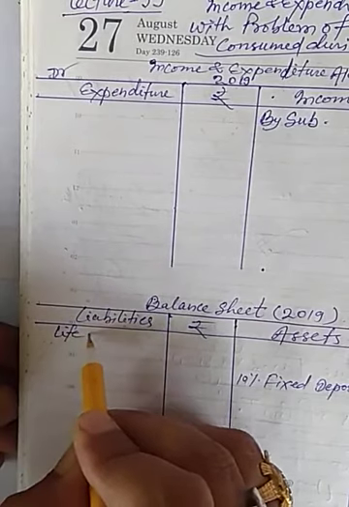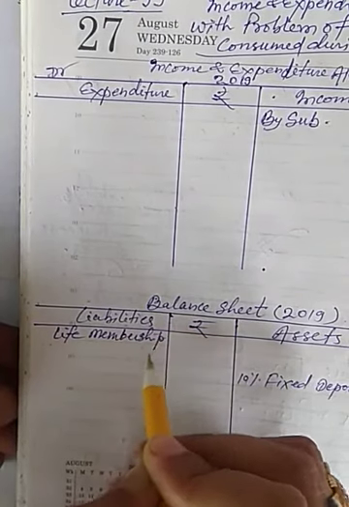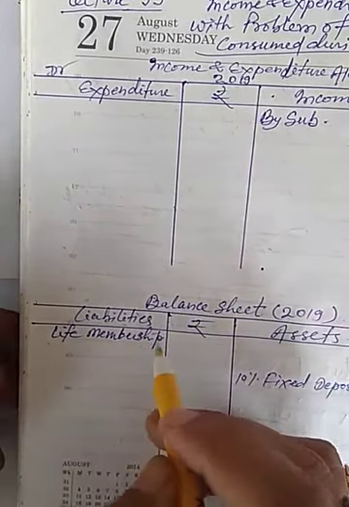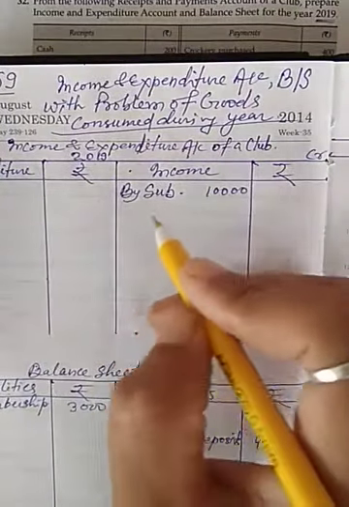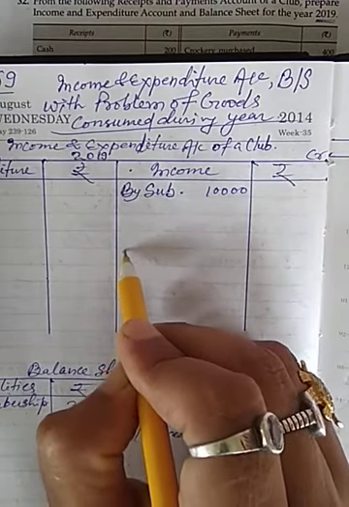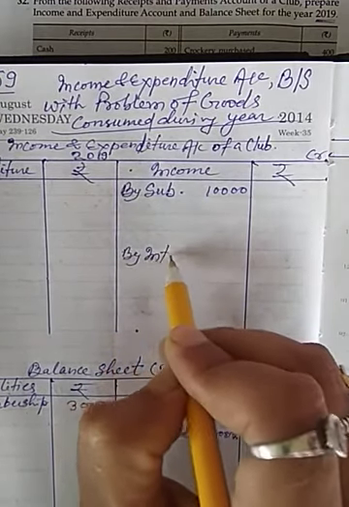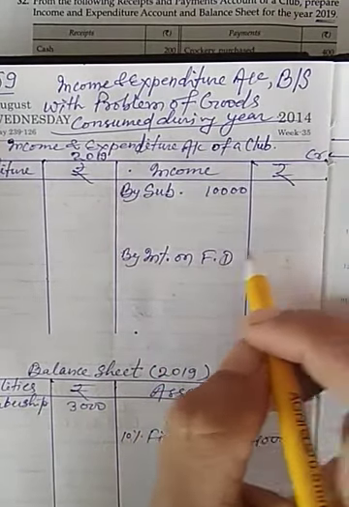Life membership fee 3,000. Now interest on fixed deposit is given and it will be recurring nature, so I will show it in income side. Interest on fixed deposit, it is given 300.